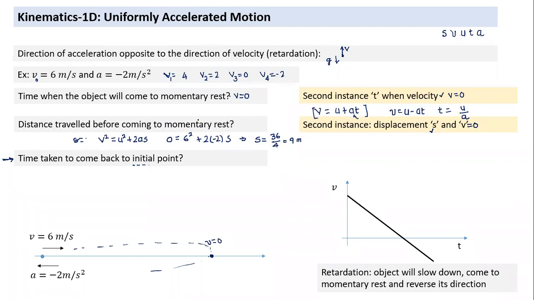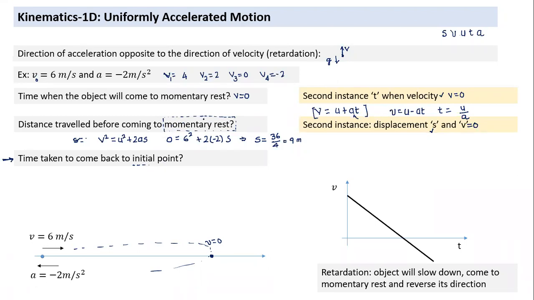What is special about this point? Sir, V is equal to 0. That means if we have to go back to the initial point, U is equal to 6. No, something else. Ananya, what does momentary rest mean?